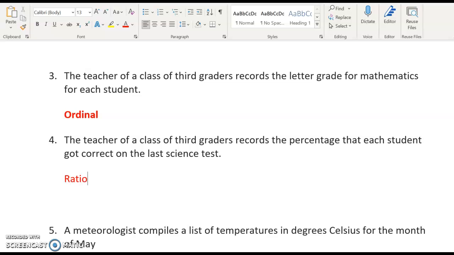The numbers have a range here from 0% to 100%, and it makes sense to say that one score is a multiple of another score. In other words, if someone made 50% and someone made 100%, the 100% student scored twice as good as the student that scored a 50%.